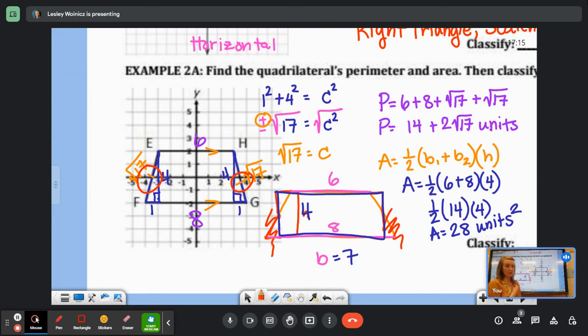Remember, we said those were the same. So this is what we call an isosceles trapezoid. That's its classification.